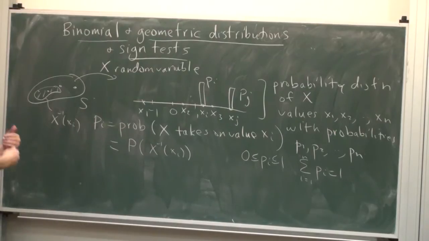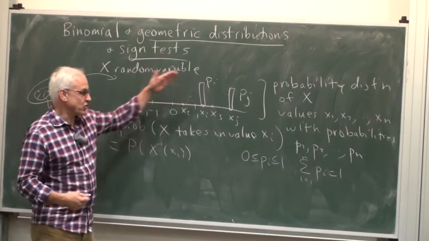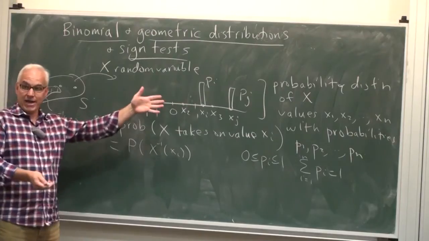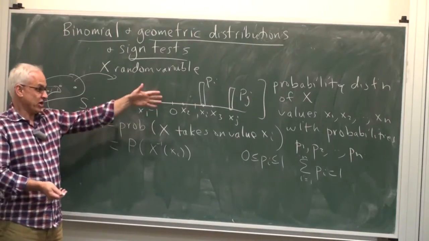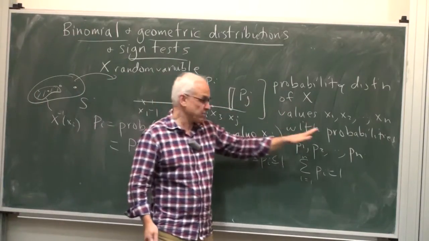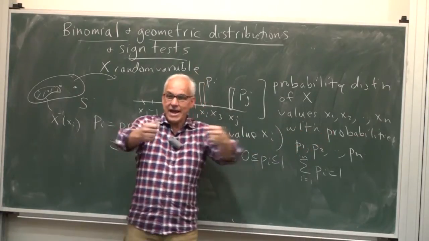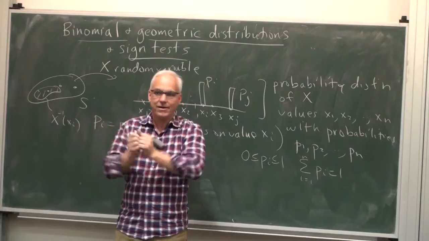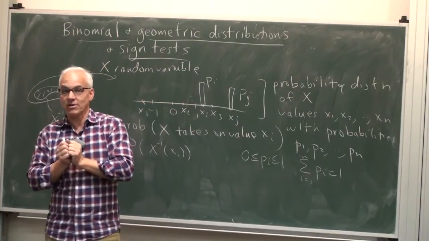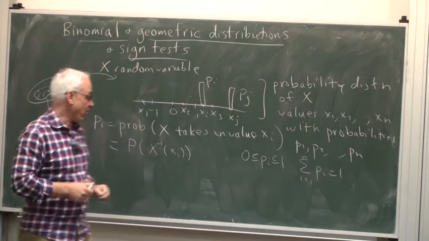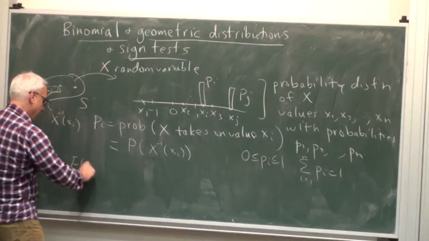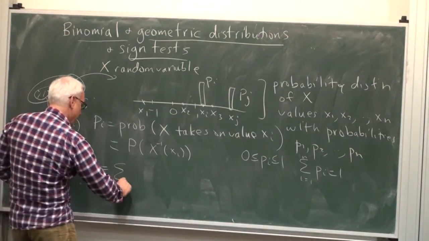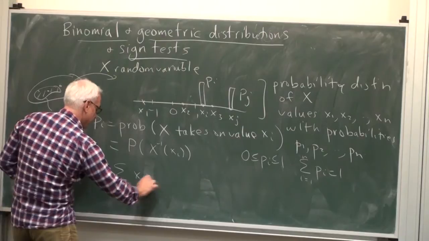And then associated to such a distribution, because it can be rather complicated, a lot of information in this, we have all these values and all these probabilities, we want to condense the information into just a few small, readily digestible pieces of information. And there's two primary ones. So there's the expected value, which is the sum of the xi's times the pi's.